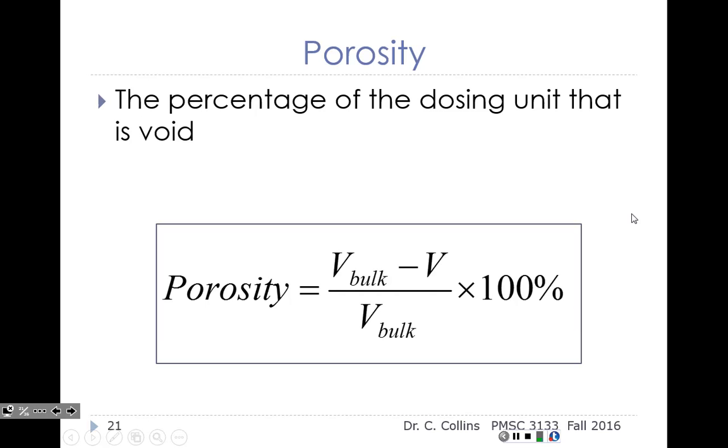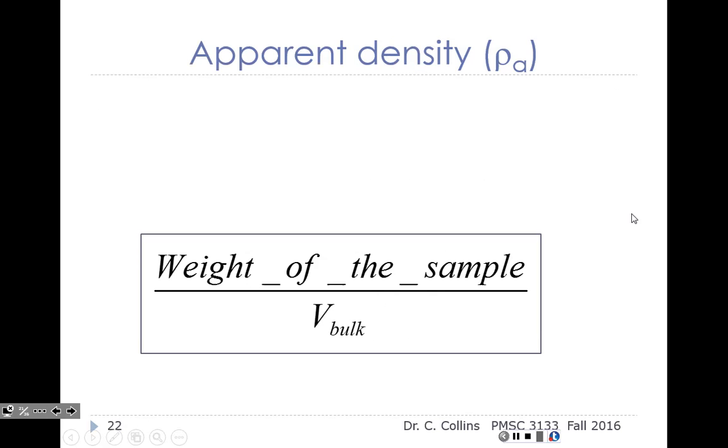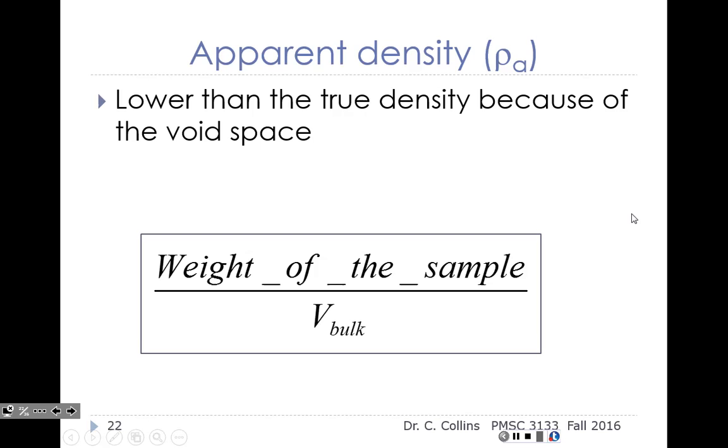Porosity is actually just that same number expressed as a percentage, because the other is a decimal between 0 and 1. The apparent density is lower than the true density because of the air or the void space.